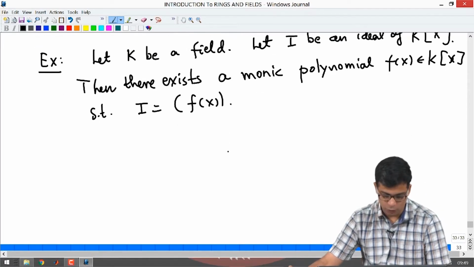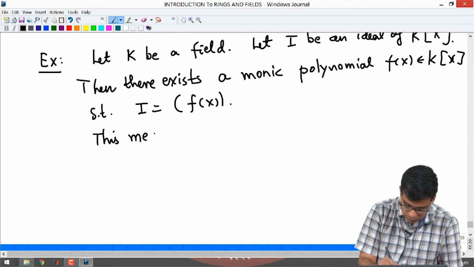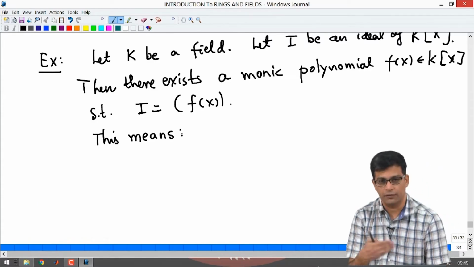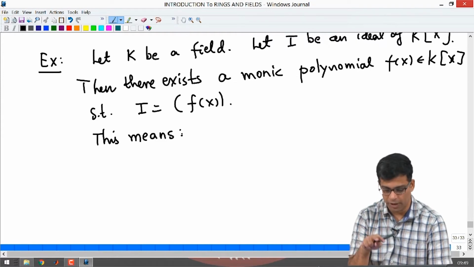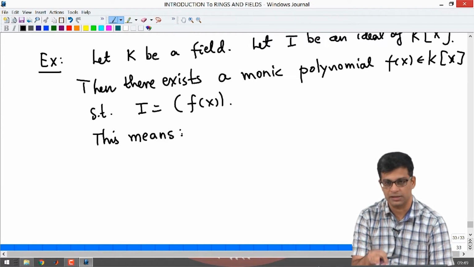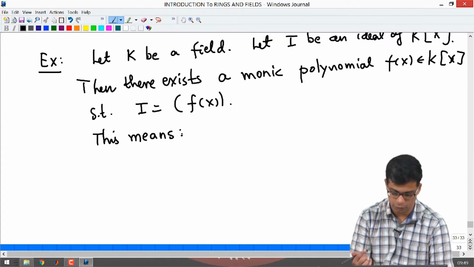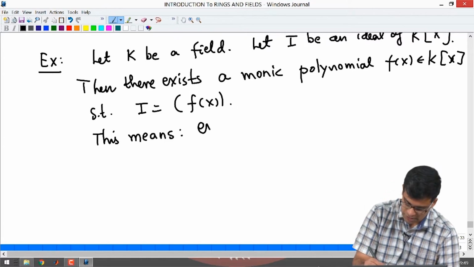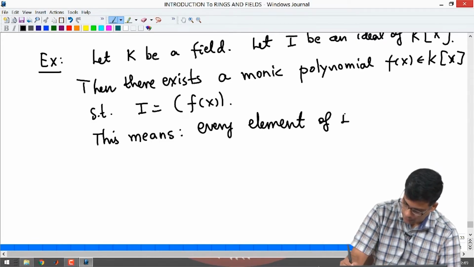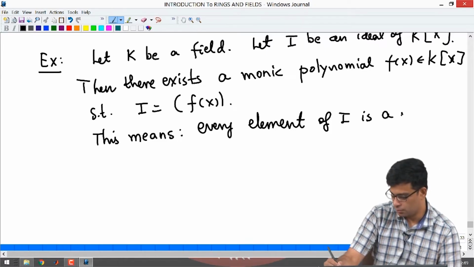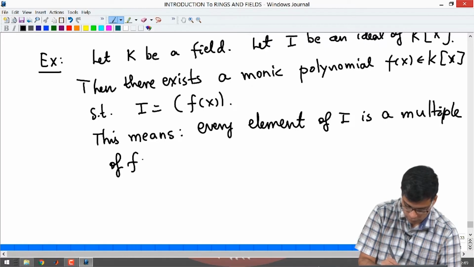So, this notation I have used before. In the ring of integers we know what this means. If you put brackets around 2, that means it is the ideal generated by 2, that means every element of that set is a multiple of 2. It is the same thing here. This means every element of I is a multiple of f(x).